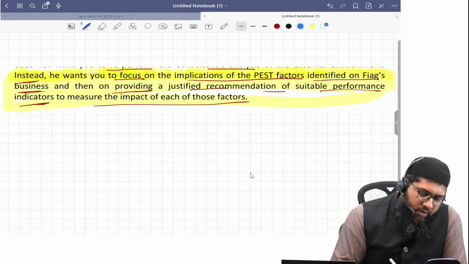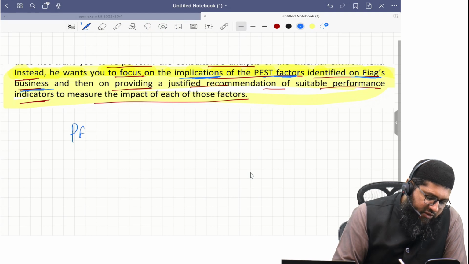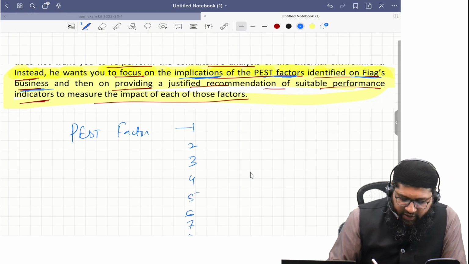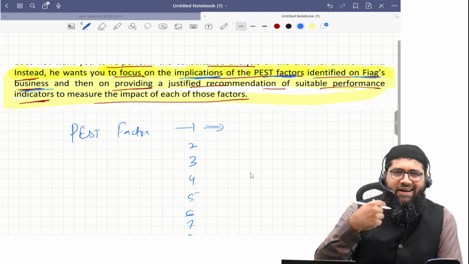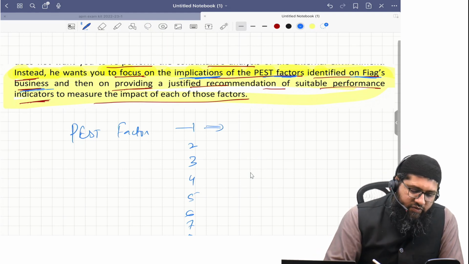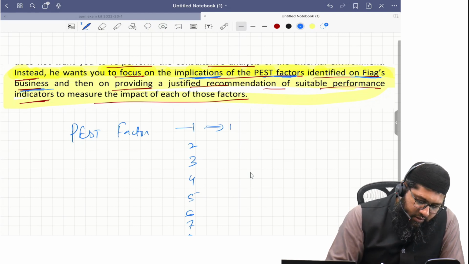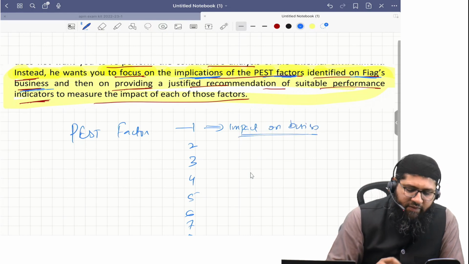He says implications of PEST factors on FIAG's business. So you would take up each of the PEST factors identified, let's say 1, 2, 3, 4, 5, 6, 7, 8, and for each PEST factor identified, you would talk about the impact on business. That's one requirement that you have.